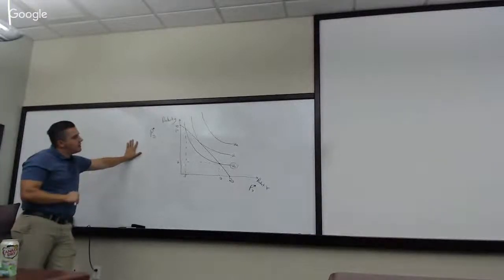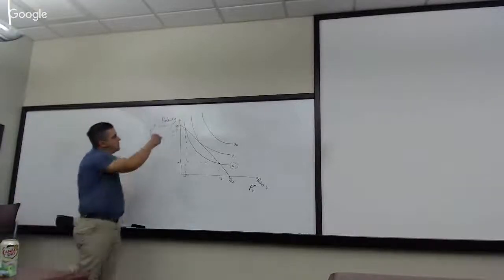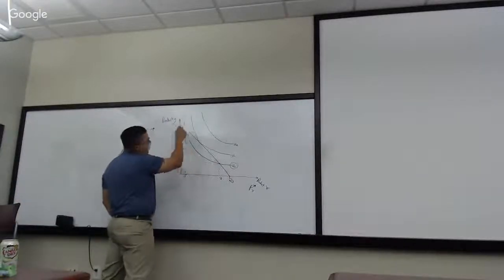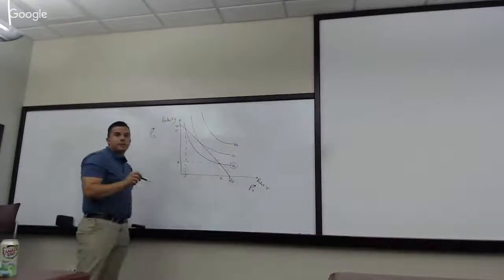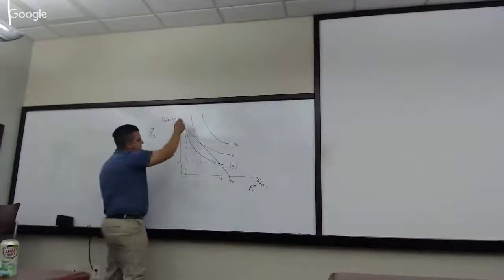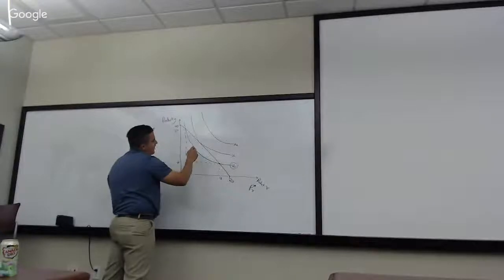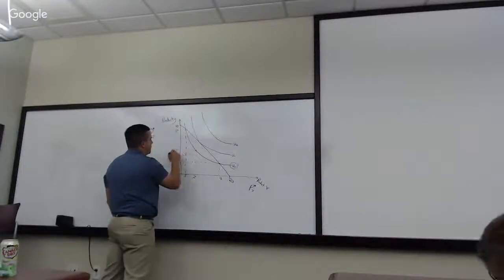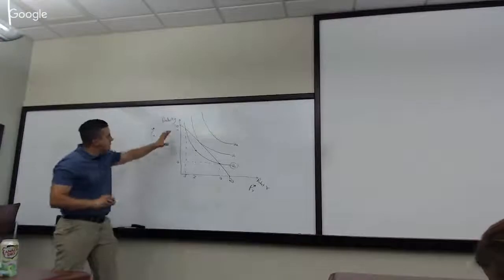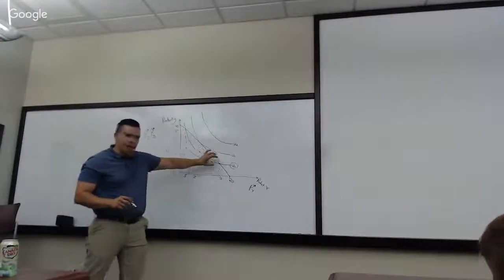And so if this consumer is operating anywhere on U0, this whole curve, he can even be operating here where he's not spending his whole budget, and say he's buying 7 of good X and 13 of good Y. Anywhere on U0, he's equally happy.